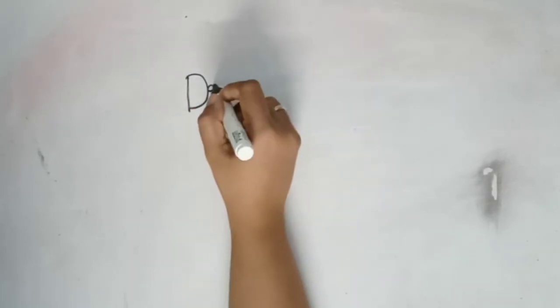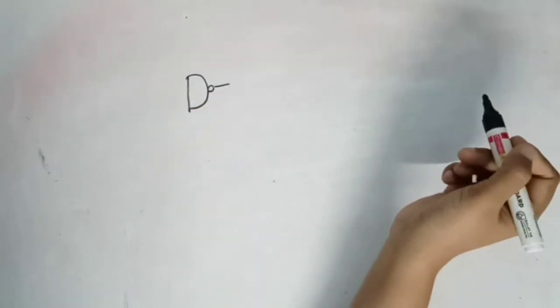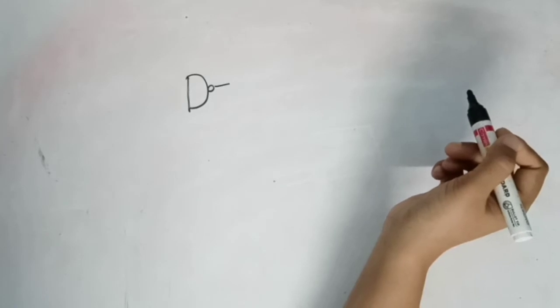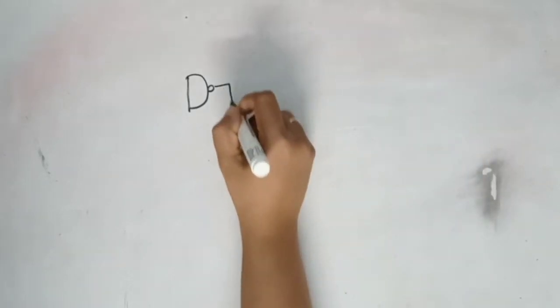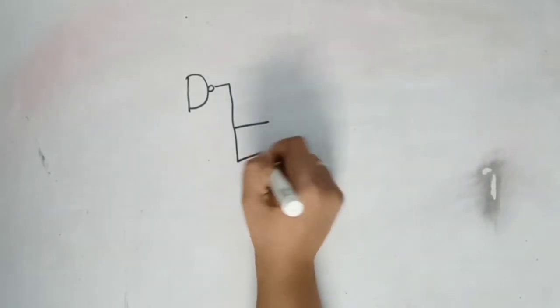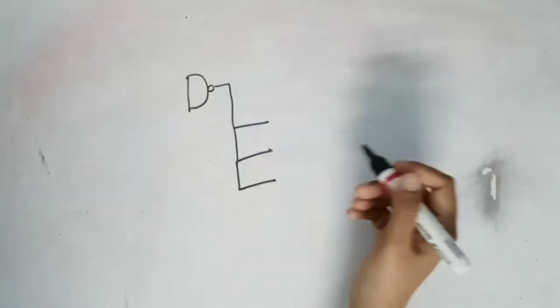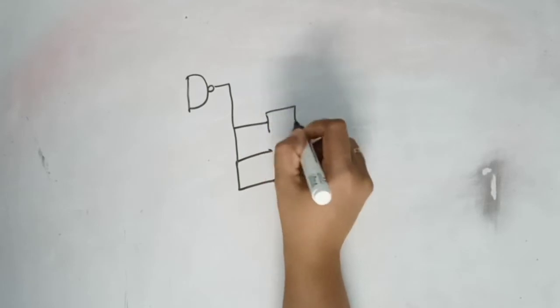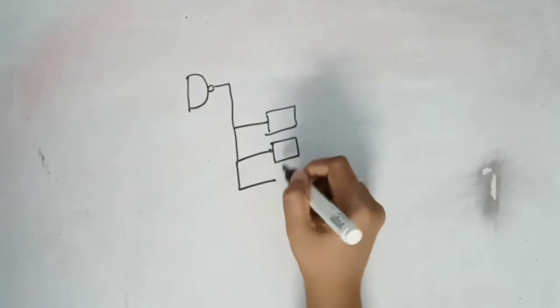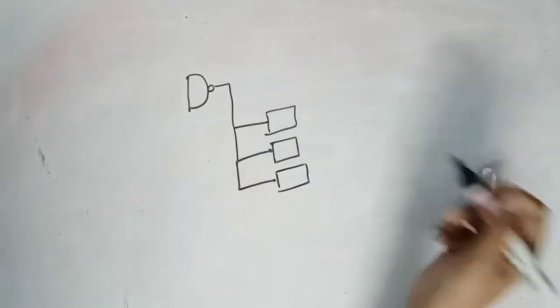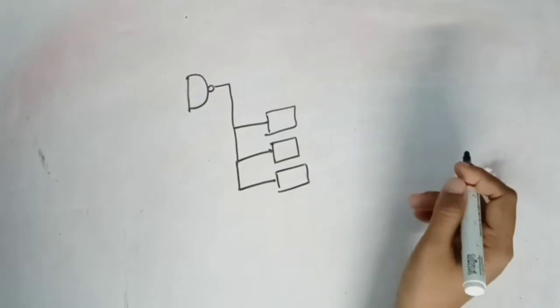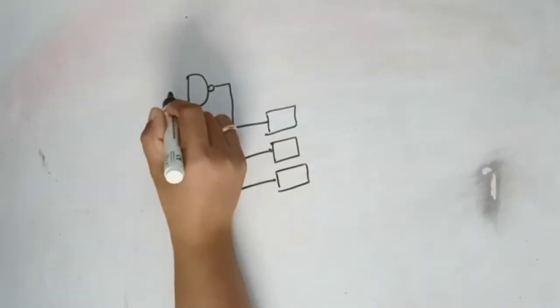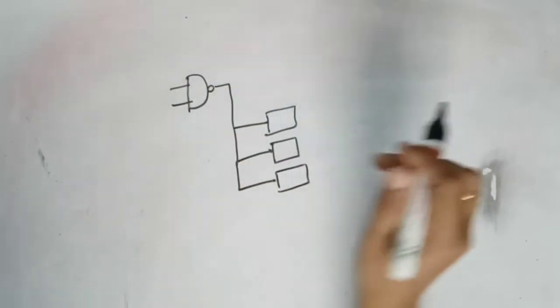Now suppose you have a NAND gate, and to the output of this NAND gate, I am connecting many other gates. I am connecting this to different gates. You have inputs here.